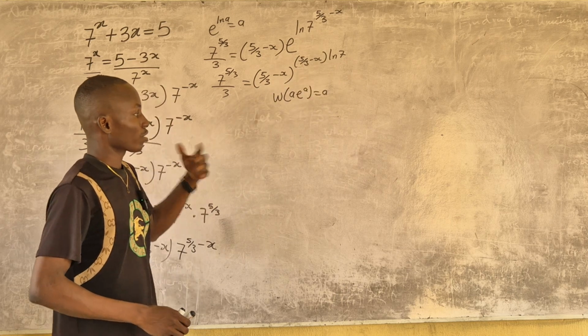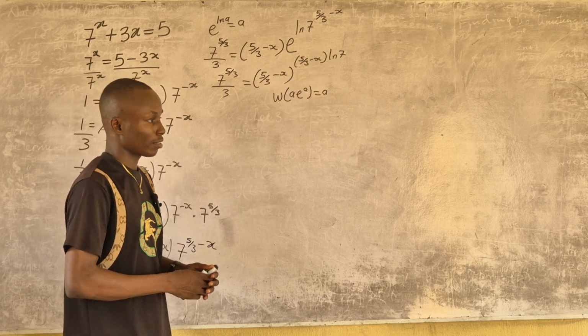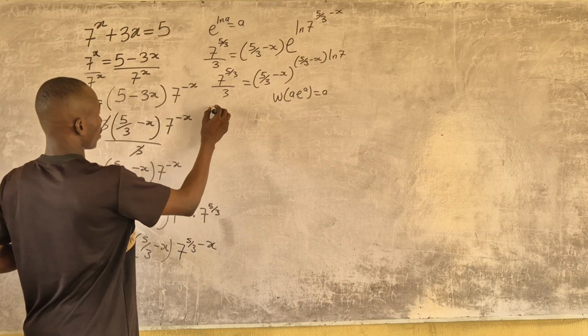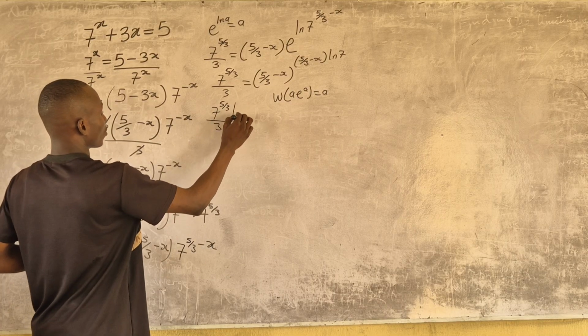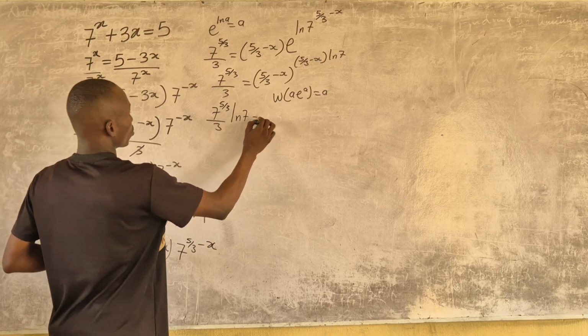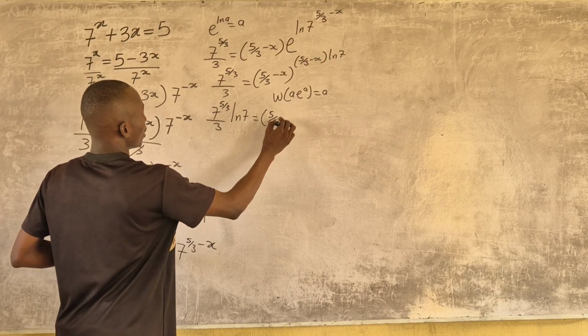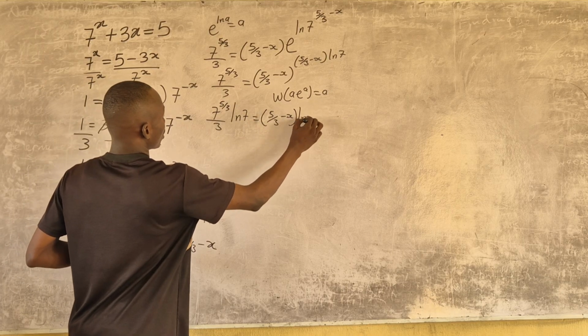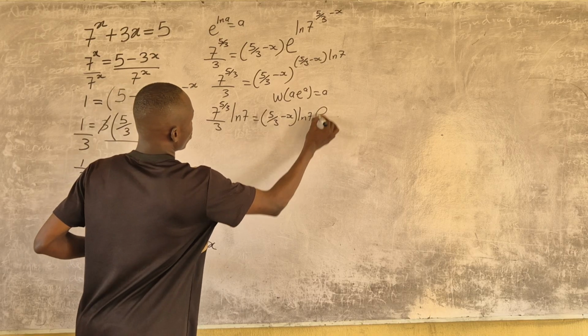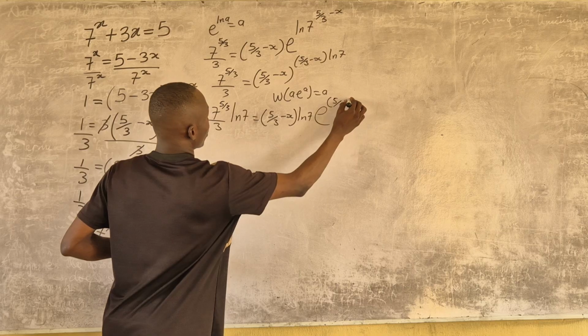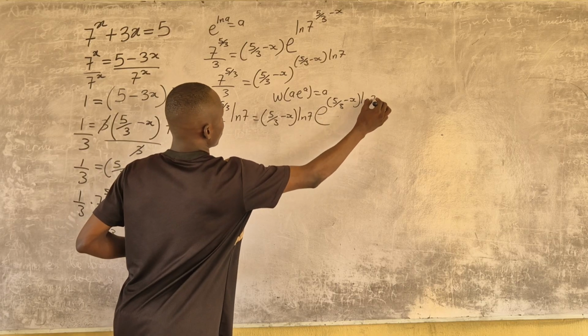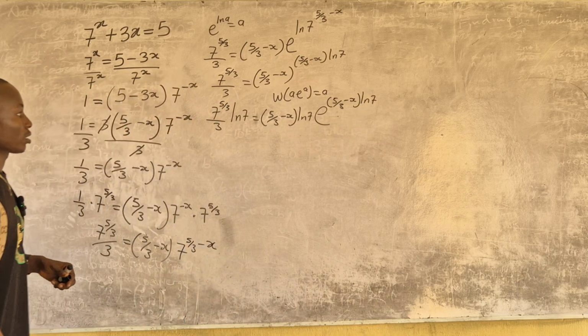So what we are going to do so we can achieve that is to multiply both sides by ln 7. So if we multiply here by ln 7, we have 7 to the power of 5 divided by 3 multiplied by ln 7 equals 5 divided by 3 minus x multiplied by ln 7, then multiply by e to the power of 5 divided by 3 minus x multiplied by ln 7. Wow, this is amazing, right?